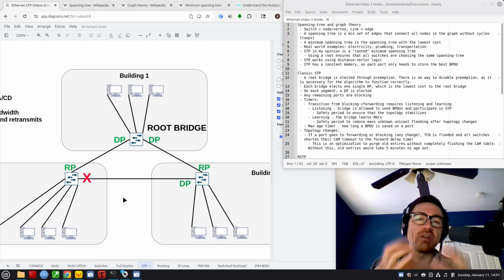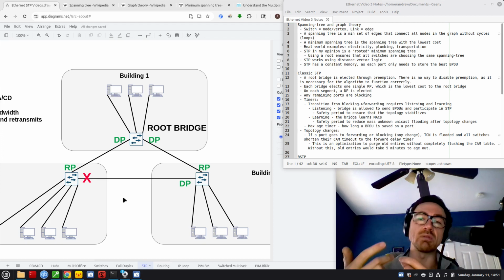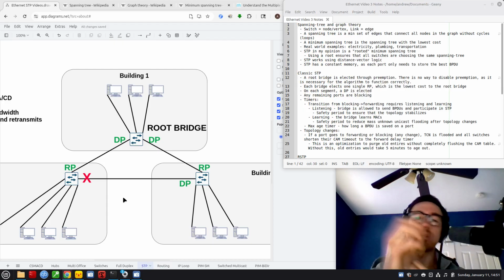Well, if the topology changes, this port has gone down, or a port upstream has gone down, so now that source MAC is going to be received on some other port, the switch has to flush out its CAM table entry, because that entry is no longer valid. It's no longer valid that you should send traffic towards that MAC address out that port. It's actually reachable at another port.